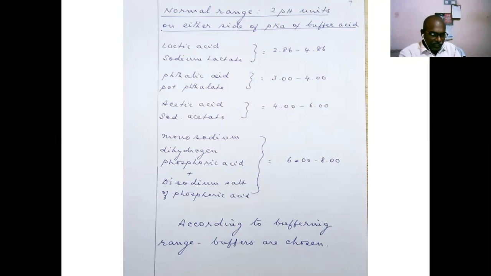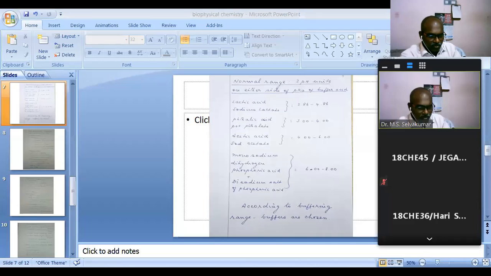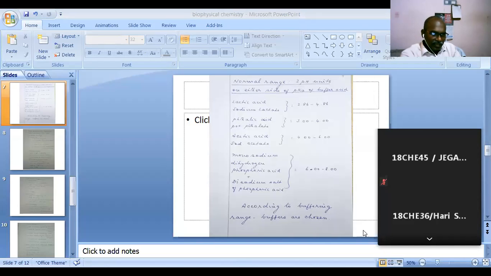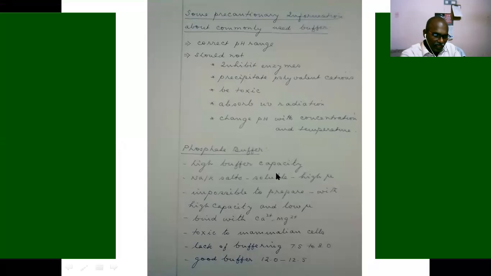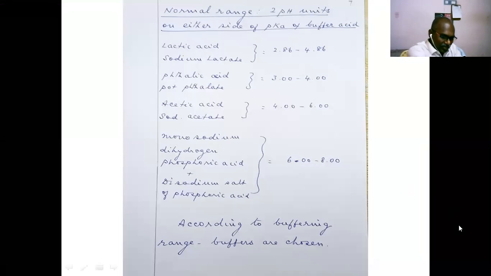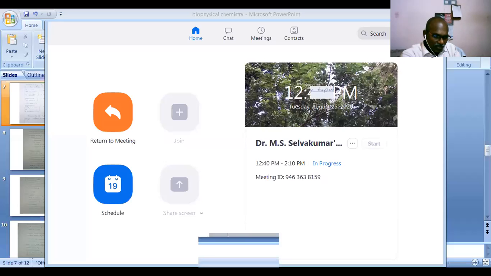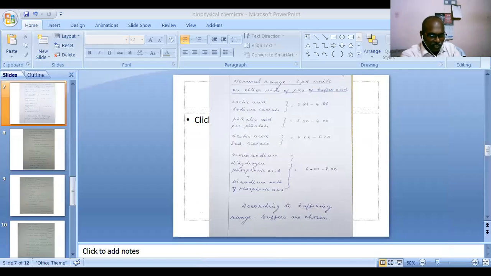Now, in a biological system, how are we going to choose the buffers for the biological systems, that is very important, because that involves a lot of control measures. A lot of control measures we have to take into consideration.